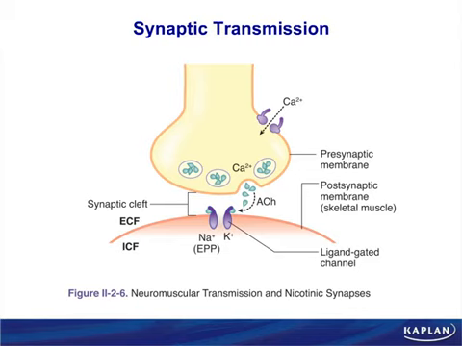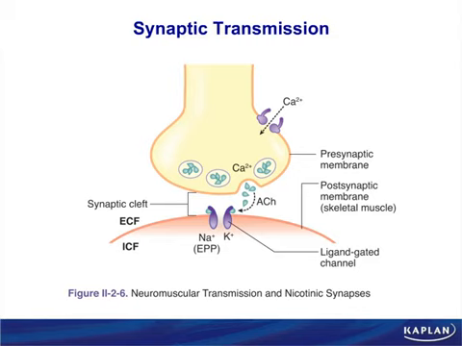That end plate potential, yep, it's going to take it to threshold. And what we'll see is an action potential in the postsynaptic membrane. So these EPPs will summate. We will get enough current from them that we will take the sarcolemmal membrane to threshold.